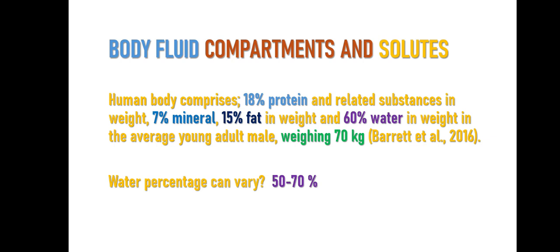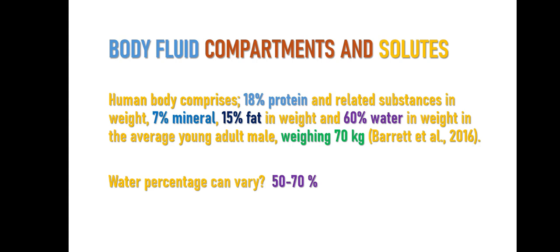The water percentage can vary from 50 to 70%. It can vary with the fat content of the person and specifically the age of the person, among others that you can research.